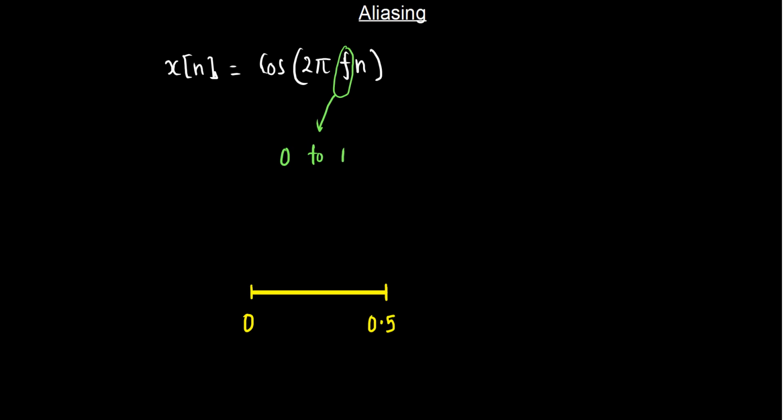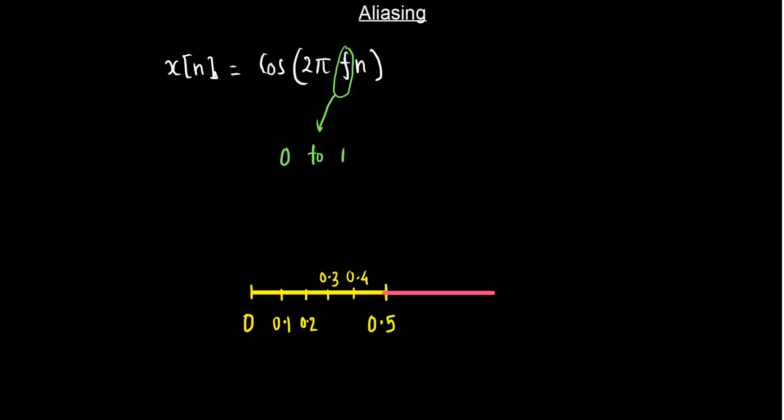So in the middle we have all those values as 0.1, 0.2, 0.3, 0.4 and 0.5. Now as soon as this frequency crosses 0.5, what happens is the values that get exceeded get mapped to the previous values.